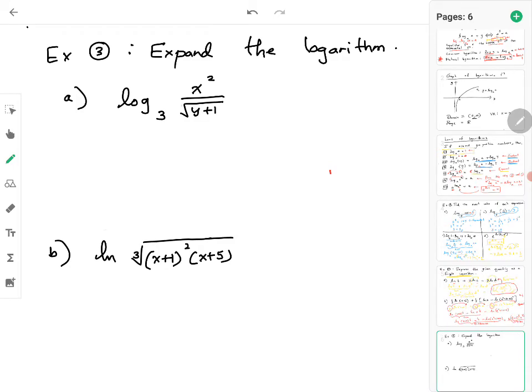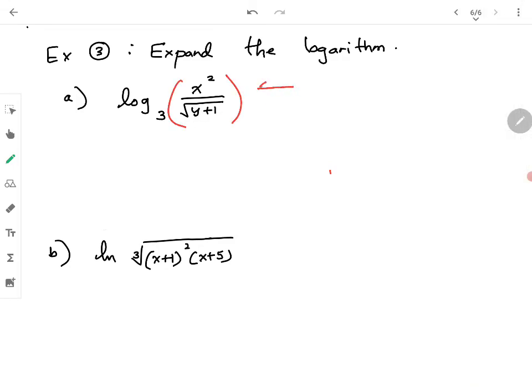So here we are asked to expand the logarithm. So here to do that, you need to get rid of any products, quotients, exponents inside the log term.